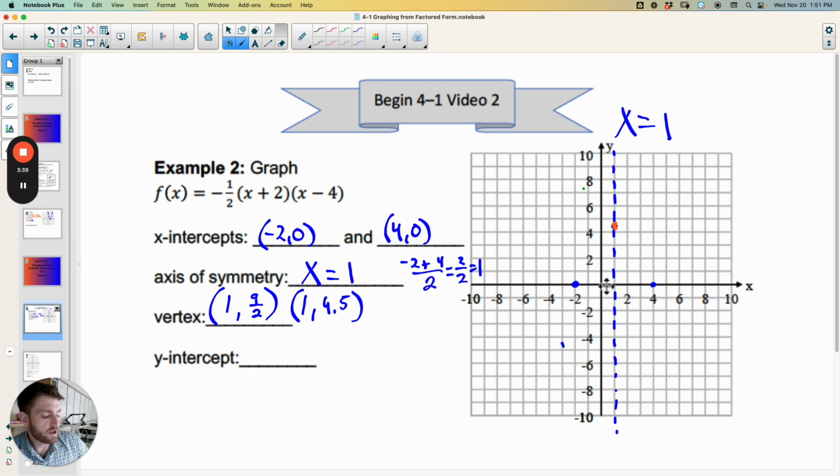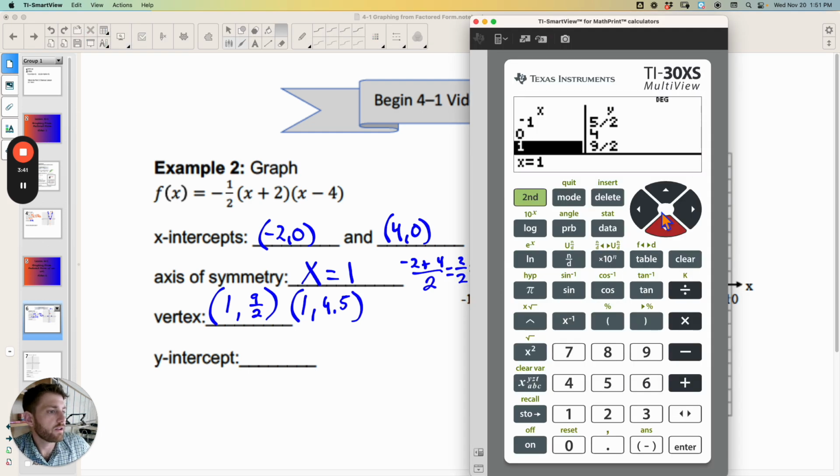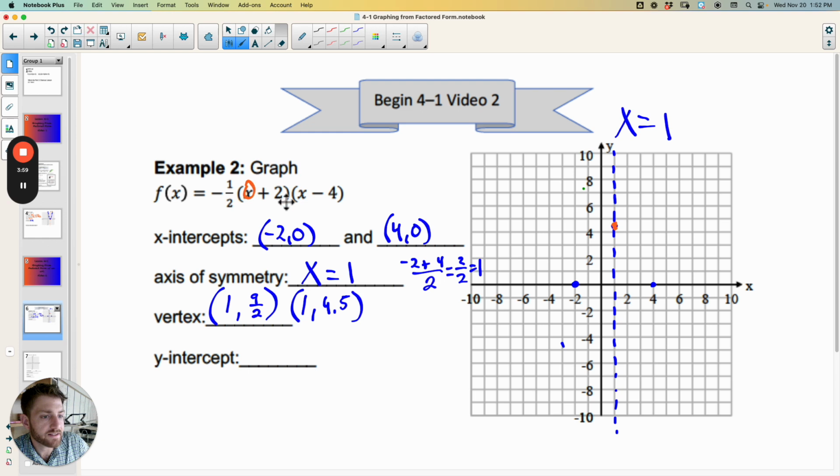All right, so now we're going to look for where the y-intercept is. And remember, the y-intercept is where x is equal to 0. So we need to scroll until we find where x is 0, and when x is 0, y is 4. In other words, if I plug a 0 in for x and do the math, I will get 4.